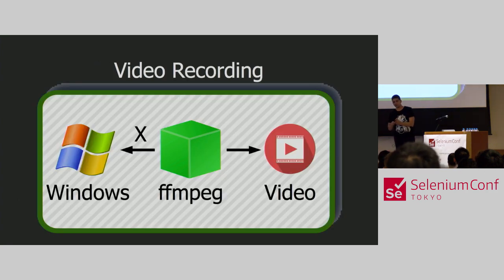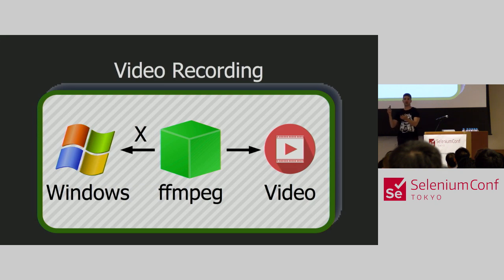In some cases, it is more useful to have the full test execution video instead of looking at the live browser screen. And this is also supported out of the box.